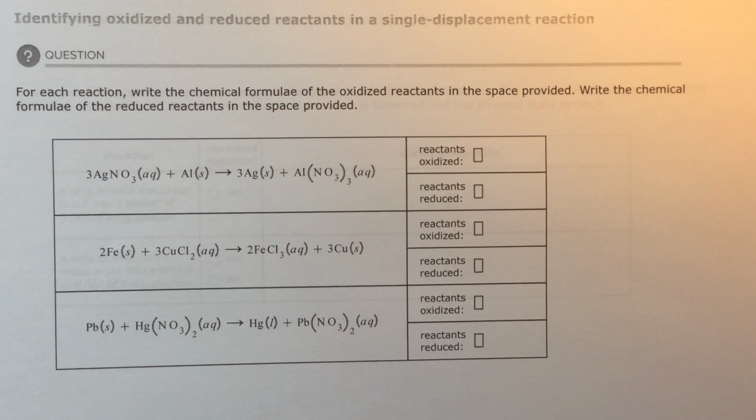So if you remember anything that we've done previously, you know that anything that has gained electrons has been reduced, its charge is dropping. Anything that's had electrons stolen from it is oxidized and its charge has increased. So you're looking at each side, from the reactant side to the product side, at what has happened to the various elements in whatever reactant.